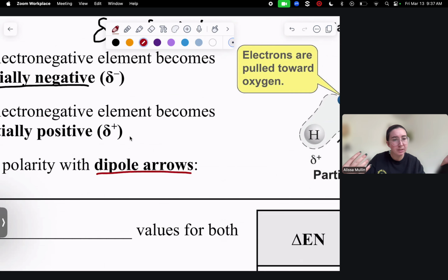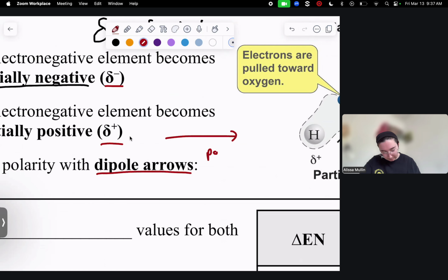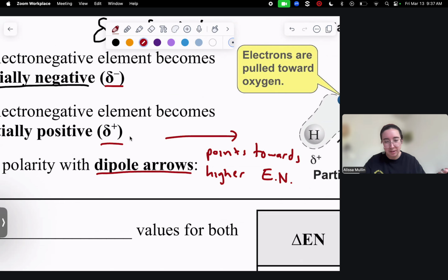All that means is that it's an arrow that we draw that points towards higher electronegativity. It points to like where the electrons are going. It points to the negative area. It points to the more electronegative side. I'll show you that in some examples.